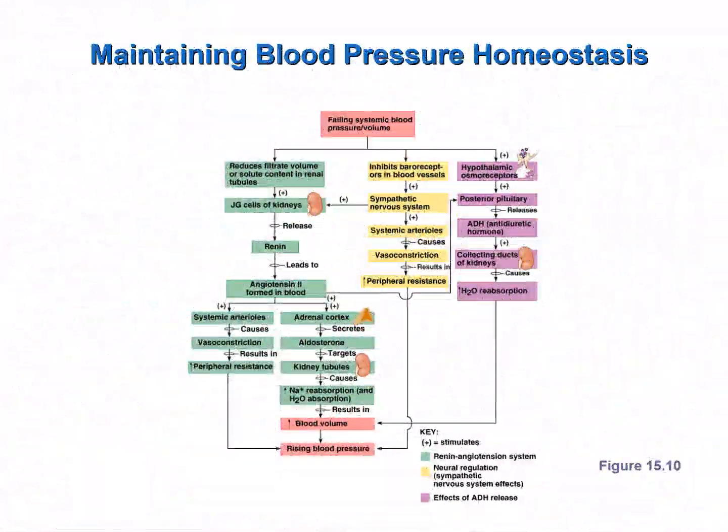Going back to this flow chart showing various impacts on blood pressure, the portion that involves aldosterone is shown in green. A drop in blood pressure and blood volume reduces the filtrate volume or solute content in the renal tubules through a rather complicated process, which I am not going to hold you responsible for.